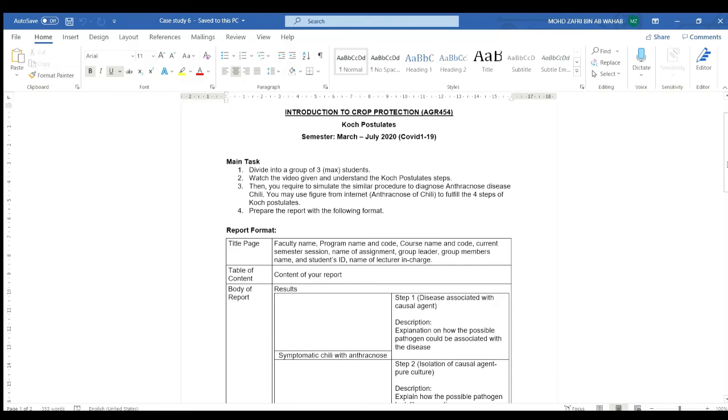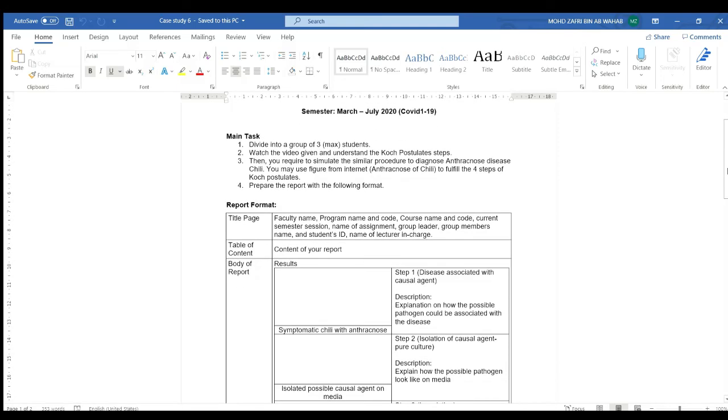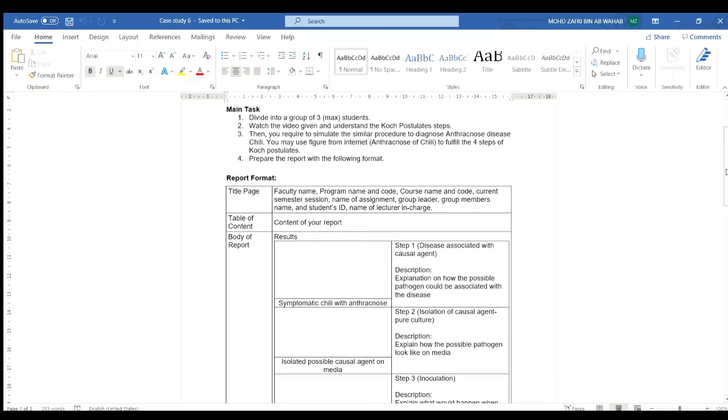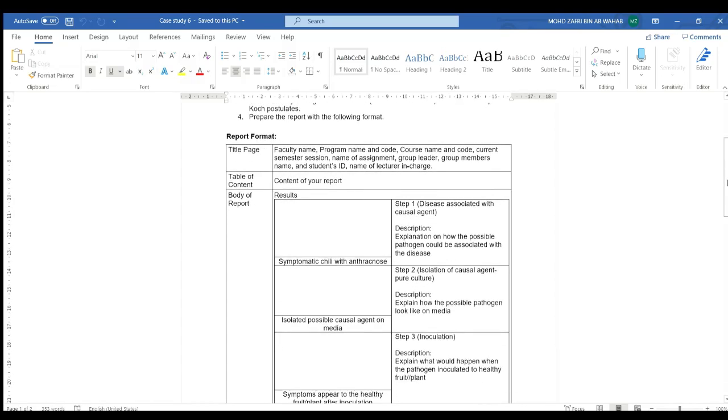Anthracnose disease of chili is usually caused by Colletotrichum capsici. So you may use figures from the internet to fulfill the 4th step of Koch's postulates, and then prepare the report with the following format.